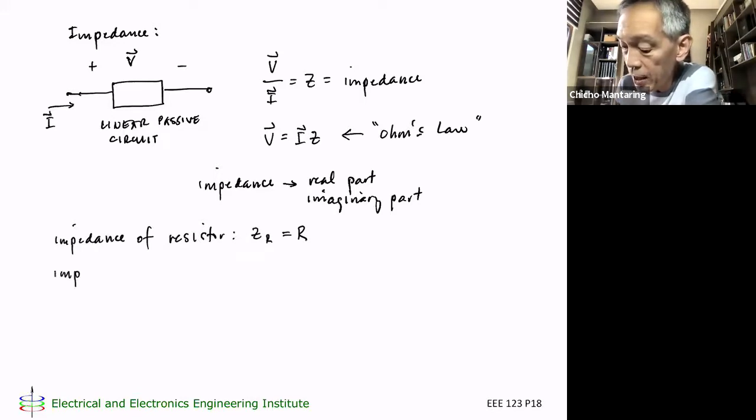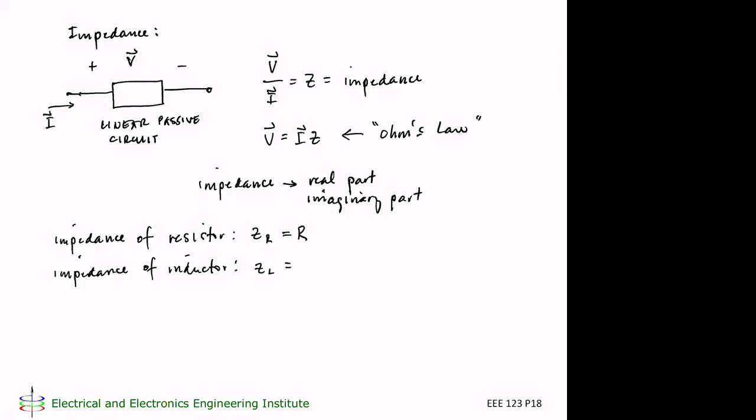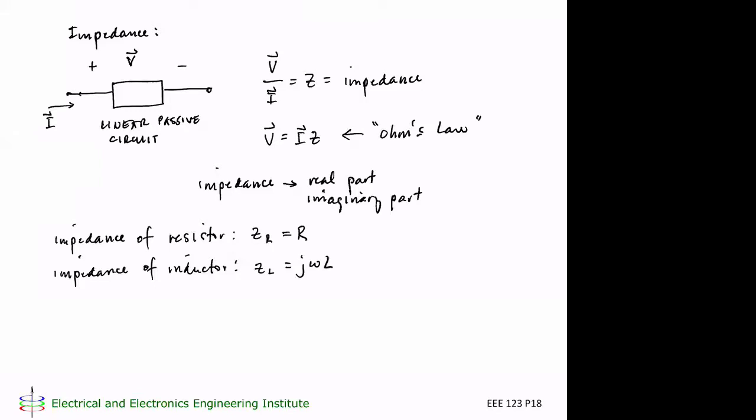If I get the impedance of an inductor, Z of L, do you remember what the impedance of an inductor is? Anyone? Negative j over omega C. Oh, that's L. J omega L. That's right. This is j omega L, the impedance of an inductor.